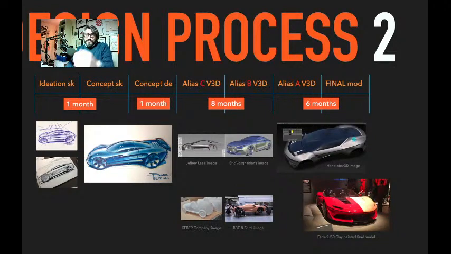So as you can see, from the beginning, ideation and sketching, until the final model, we basically have a year and a half, which is exactly what I explained to you last week when we were talking about the full design process until production. So I hope that all this is kind of clear to you.